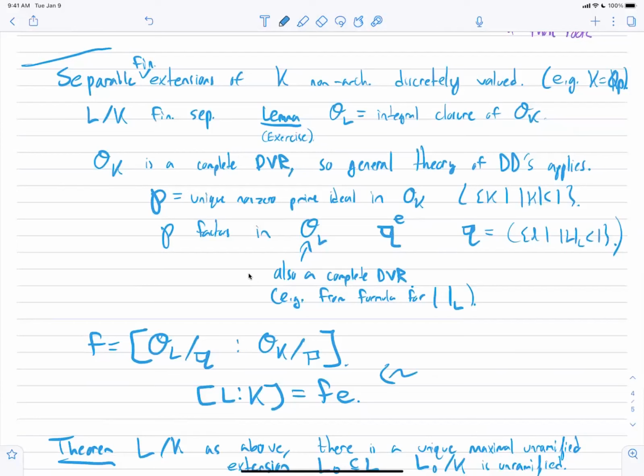Let me just assume we're in characteristic 0. Oh, sorry, that's not going to be enough. Let me assume that everywhere the residue field extension is also separable.